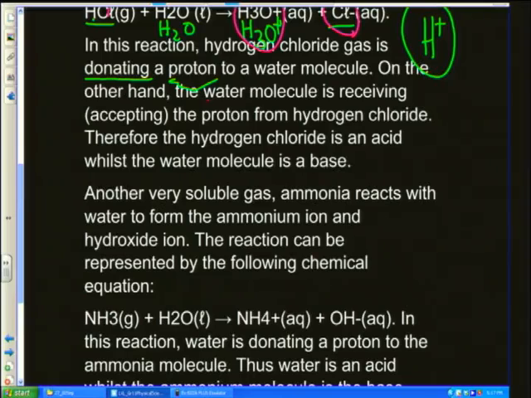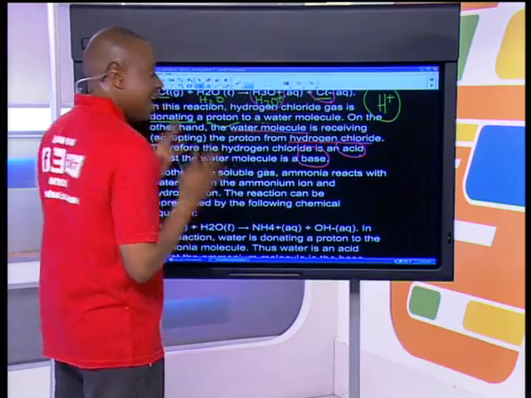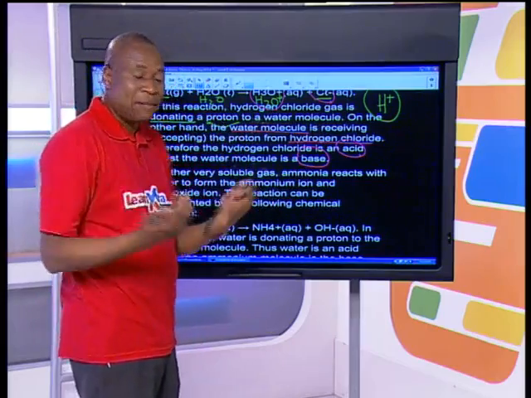On the other hand, the water molecule is receiving or accepting the proton from the hydrogen chloride gas. Therefore, the hydrogen chloride is an acid, whilst the water molecule is a base. Somebody will be looking at me and saying, how can you say water is a base when we know water is neutral? It's neither an acid nor a base. Just hang on there. This is the theory according to Lowry-Bronsted, and we need to understand it that way and apply it.